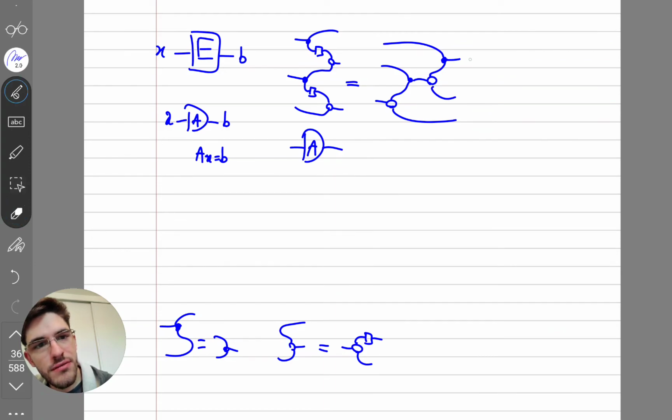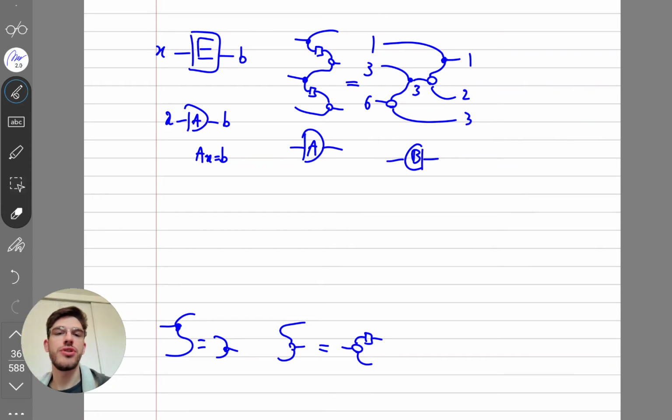If I give it 1, 2, 3, then this one just is copied here. That's 1. And then here I have 1 and 2 coming into a plus, so that's just a 3. The 3 gets here, and then there's a 3 here, so that's a 6. Those are the same equation, the exact same relation between the 6 variables on the wires.